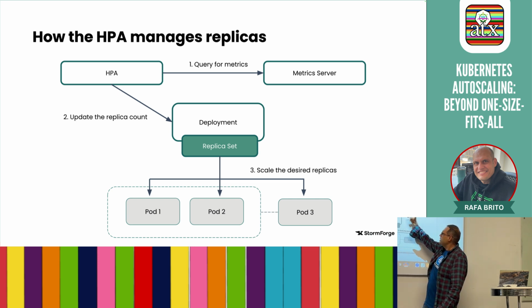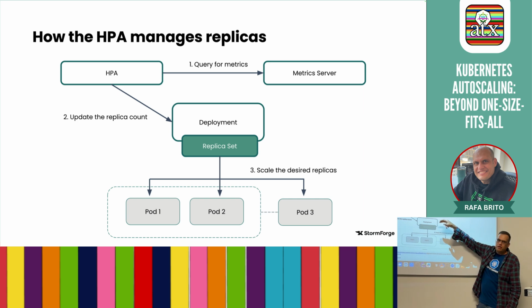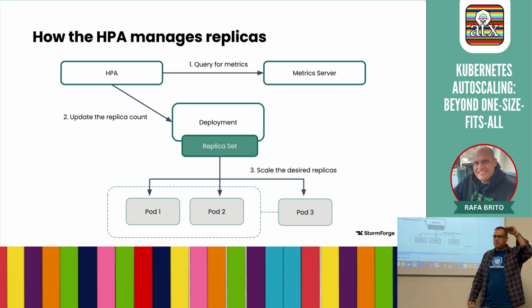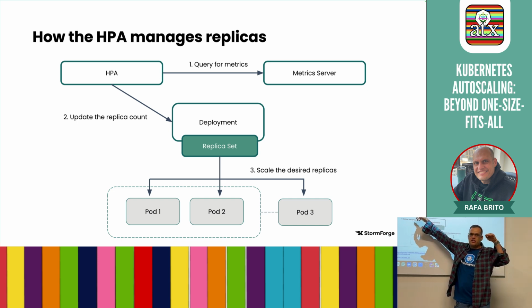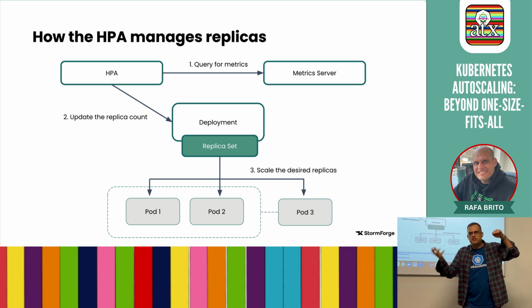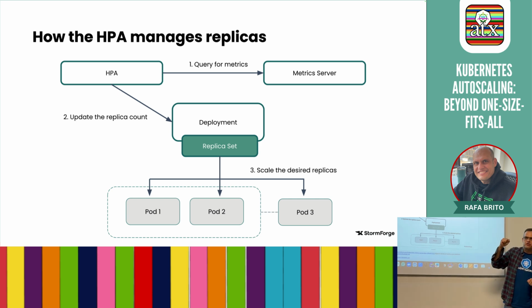It queries the metrics and then increases the number of replicas of the deployment. The deployment has the number of replicas; it's a field under the spec. So when you create an HPA object, it manages that field as an external manager.